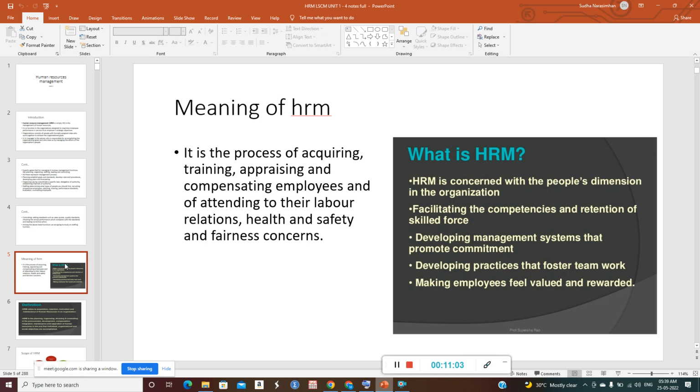They are termed industrial relations. It also includes taking care of the health and safety of employees, avoiding accidents at the workplace and taking necessary measures, and seeing to it that the management always has a fair concern for employee issues.